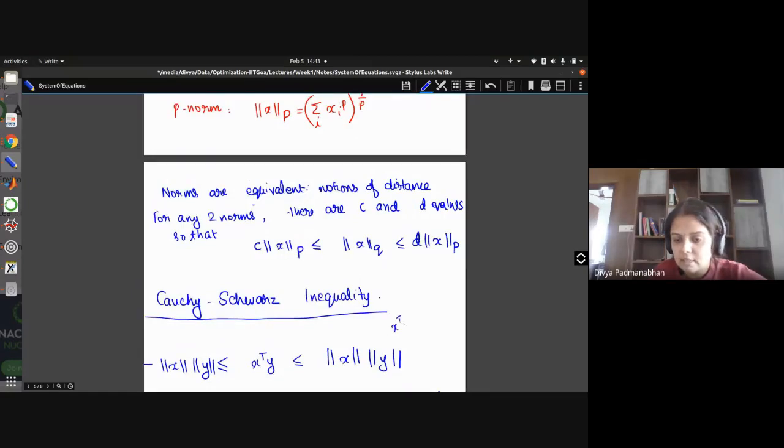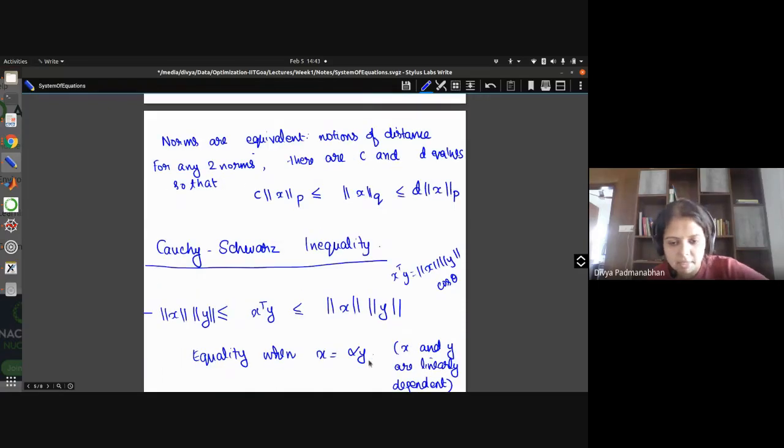This happens when cos theta is 1, or both of them are in the same direction, x is equal to alpha times y. Similarly, the lowest value arises when cos theta is -1, so they are in opposite directions. This will be a useful fact when you devise strategies for doing optimization.